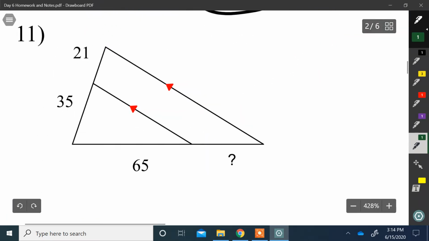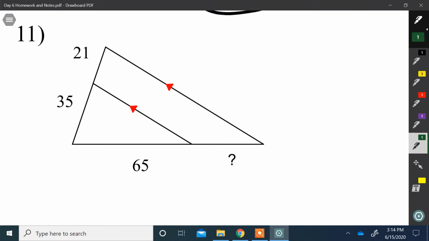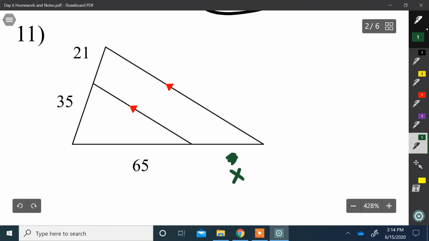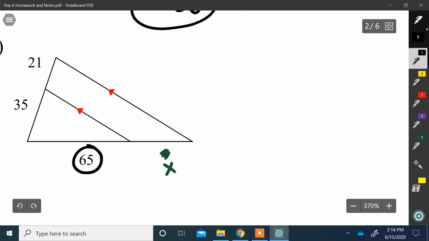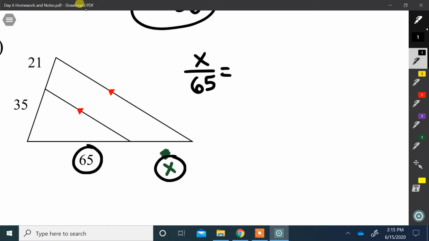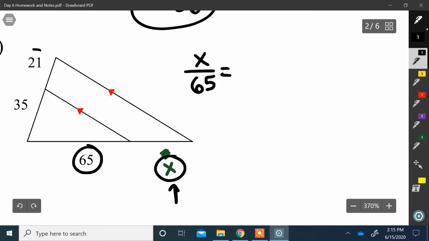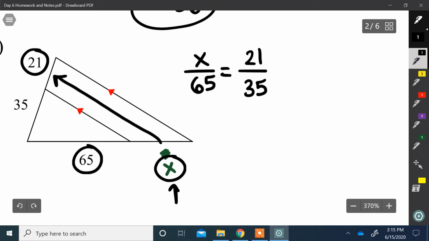Now let's move on to number 11. This one is a lot easier. I'm going to replace this one with an x, and this is proportional to that. So x over 65 is equal to, so again, if I start with x, you need to start with 21, the one across that. So we're going to start with 21 over 35, and let's cross multiply.